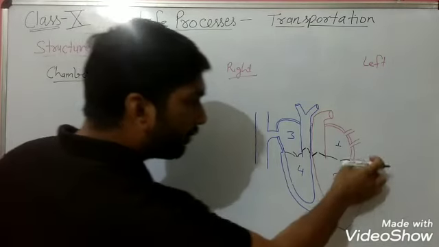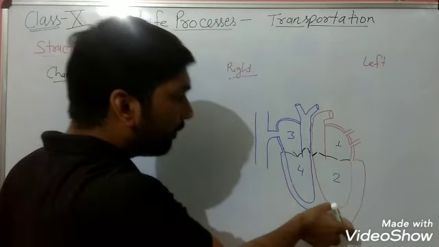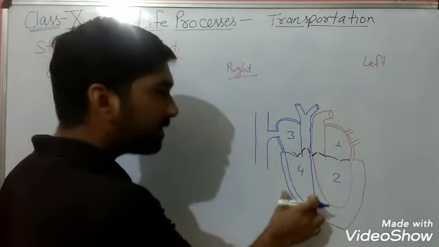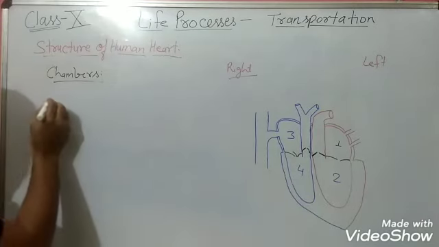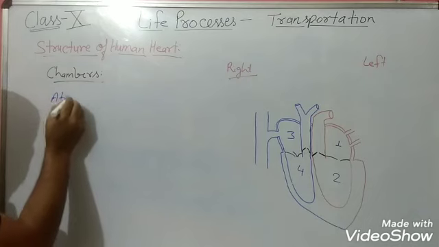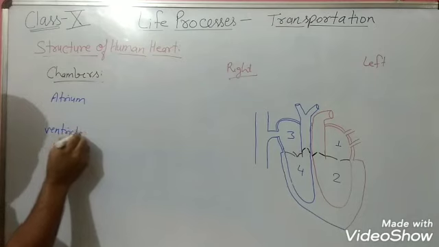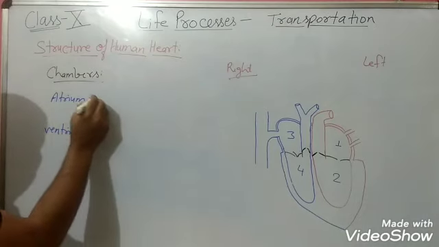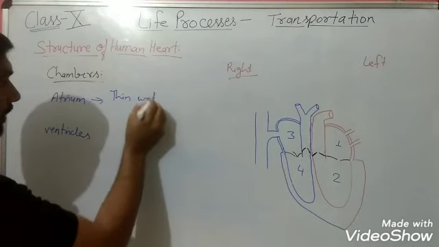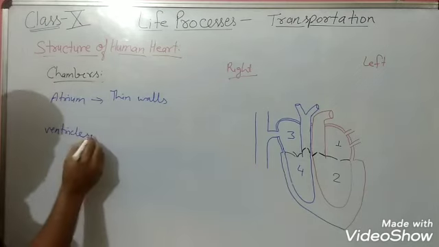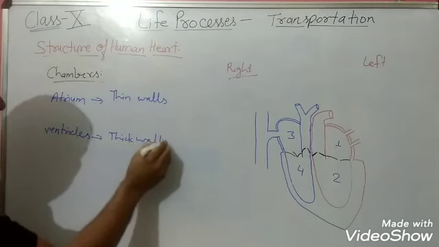From the figure you are observing that this left ventricle has a thicker wall than the right ventricle. So why is this happening? You can see atriums and ventricles. Atriums have thin walls, whereas ventricles have thick walls.